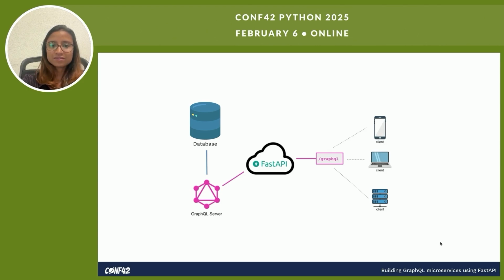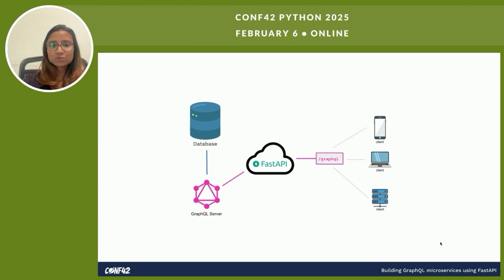And as has already been said in the previous slide, this is exactly where GraphQL shines, providing clients with a flexible and efficient way to request exactly the data they need. At the bottom of the flow, we have the database, and FastAPI interacts with the database to create and modify data based on the GraphQL queries.